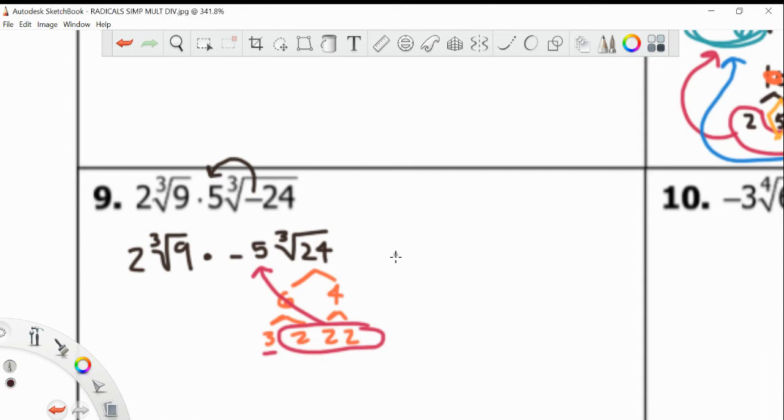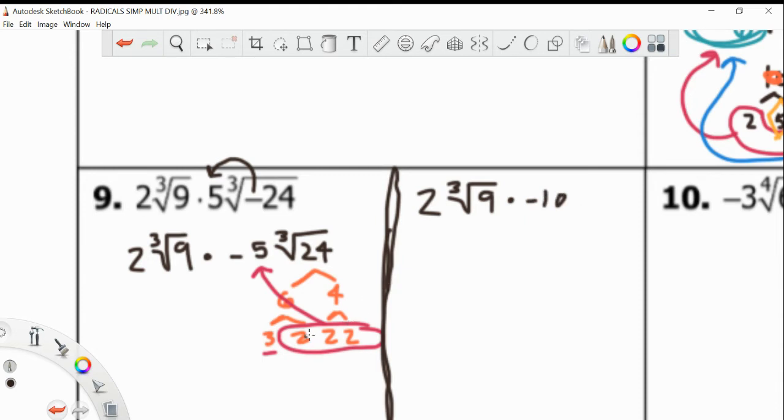And so let's continue this question at this point. Times 2 times -5, which is -10. And then the only thing left over is the 3. And don't forget your cube root. So what we've done now is simplify this second term, make it look smaller, make it easier to multiply.